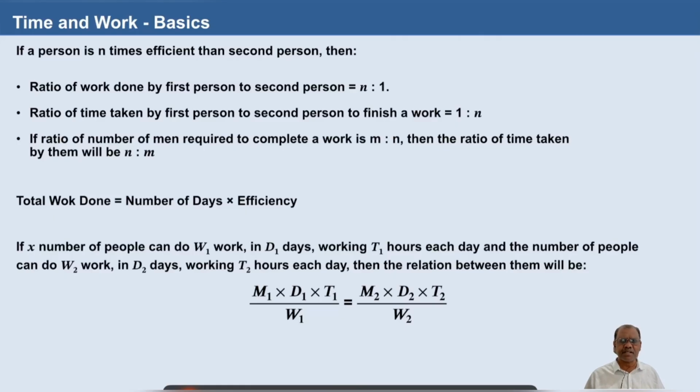If M1 people can do W1 work in D1 days, working T1 hours each day, and M2 people can do W2 work in D2 days, working T2 hours each day, then the relation between them will be M1 into D1 into T1 divided by W1, where W1 is the work done in the first case, is equal to M2 into D2 into T2 whole by W2, the same parameters in the second case.